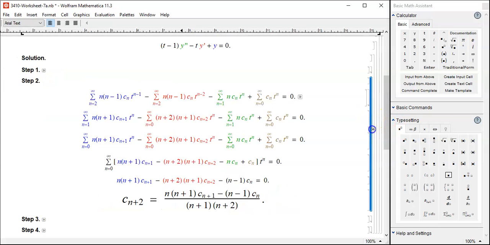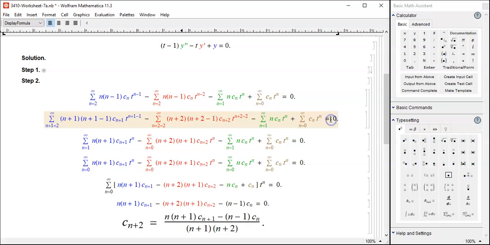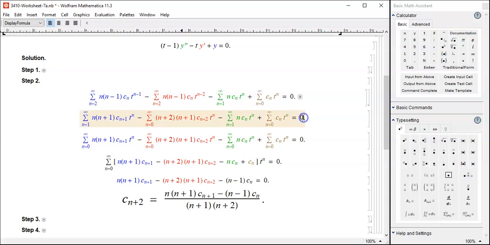And then we do some index shifting. Change first two series, blue and red, to t to the nth power, generating this equation, and then make the first and third series begin from n equals 0.